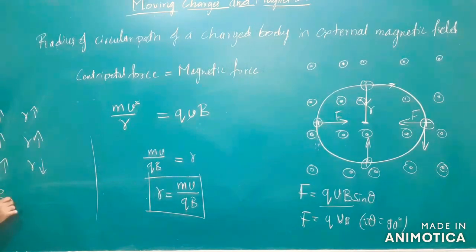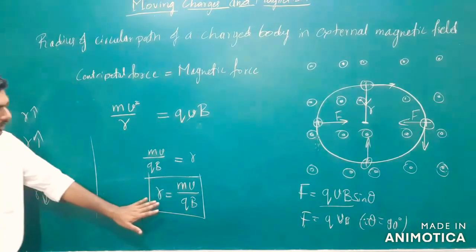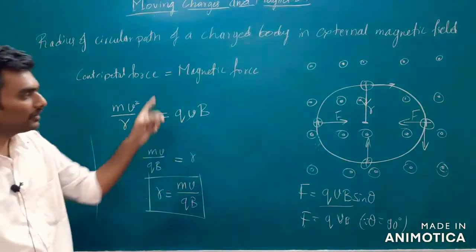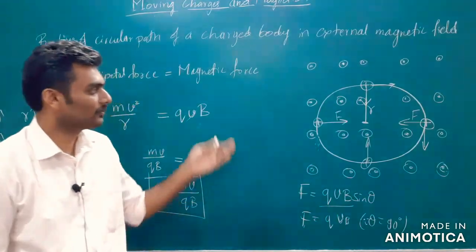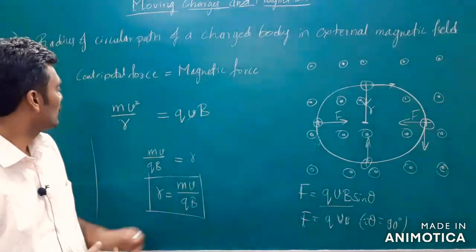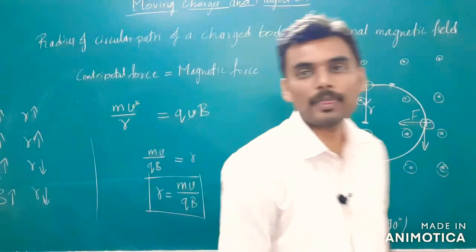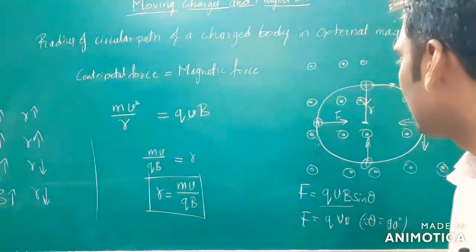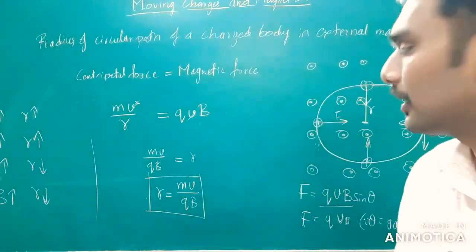Similarly, if the magnetic field is too strong, even then the radius would be lesser. Okay, so that is how we can interpret the radius and get the expression for the radius of the circular path by the charged body. This is one important derivation, getting the expression for r.